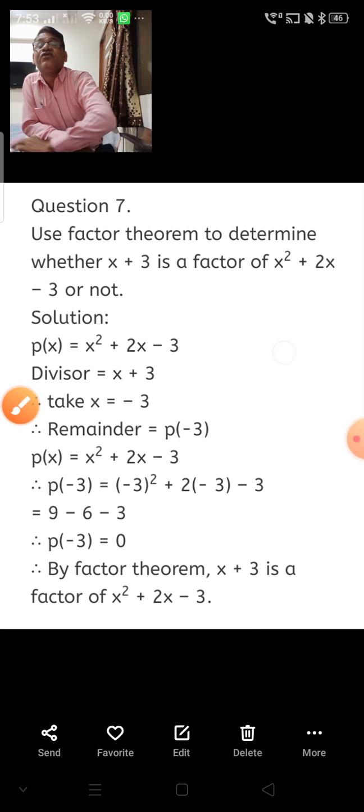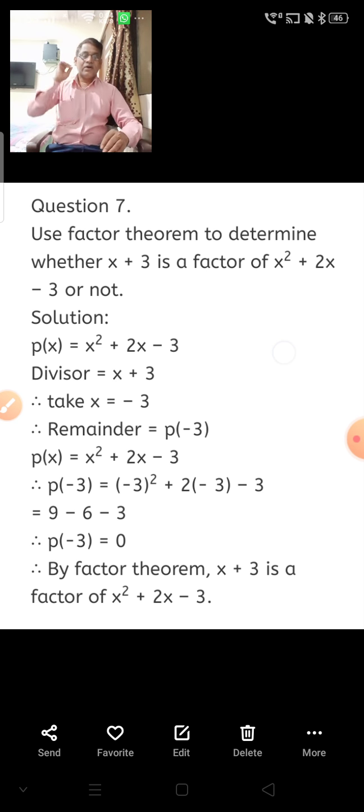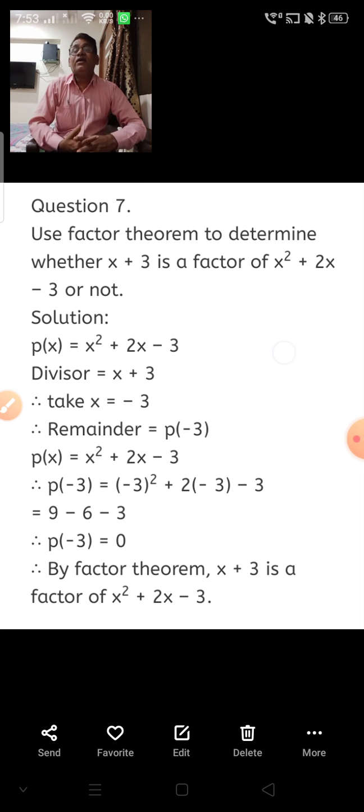The next question is question number 7. Use factor theorem to determine whether x plus 3 is a factor of x square plus 2x minus 3 or not. Use factor theorem to find out whether the given divisor is a factor of the given polynomial or not.